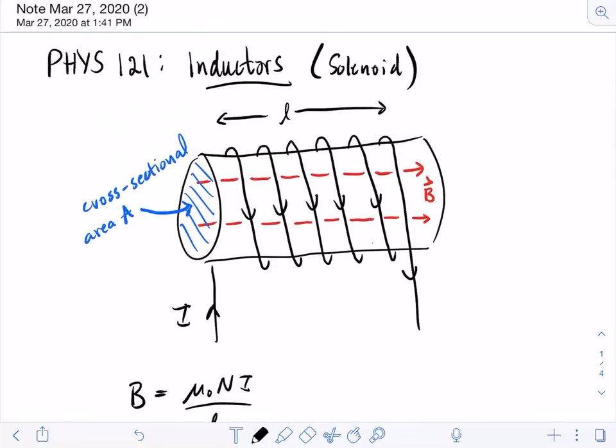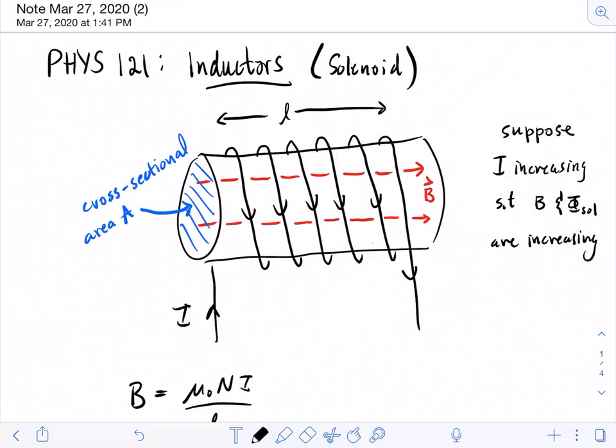There's our solenoid, and let's suppose that I is increasing such that B, and therefore the flux through our solenoid, are increasing, right?